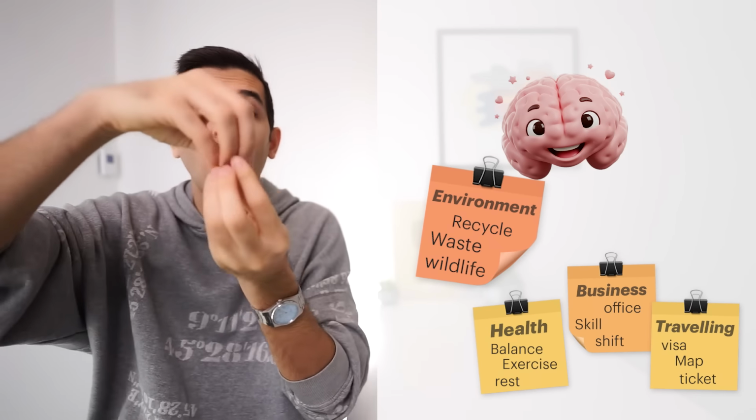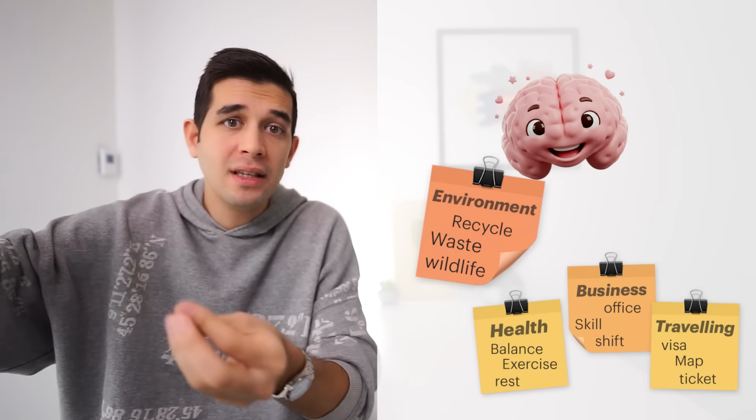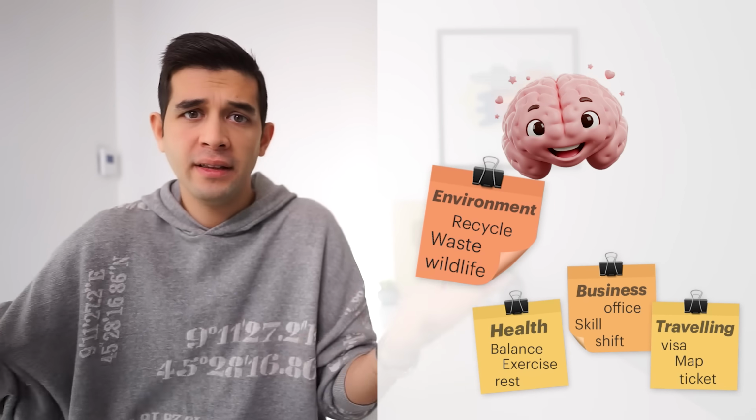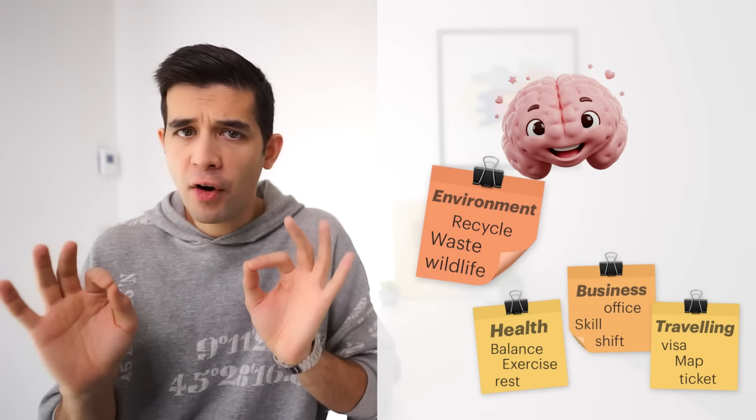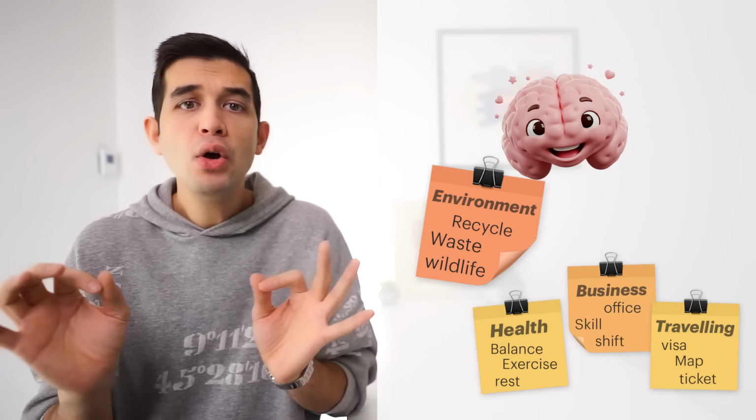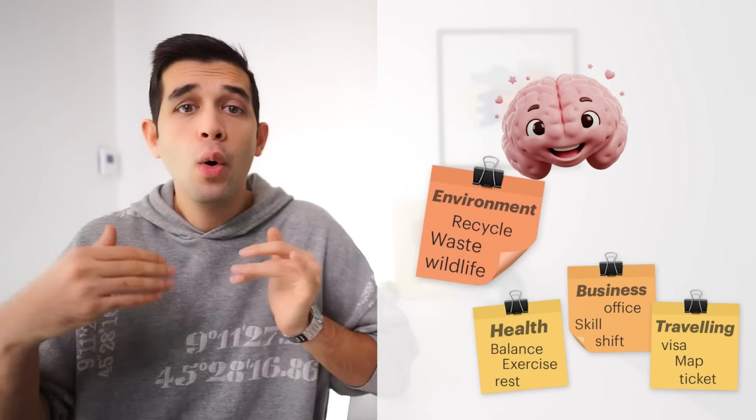Your brain is able to make sense of all the relationships between these words. Or if somebody asks you about your health or fitness or sport activities, your brain automatically goes to health and fitness. This is the first and probably one of the most important steps towards speaking English fluently.